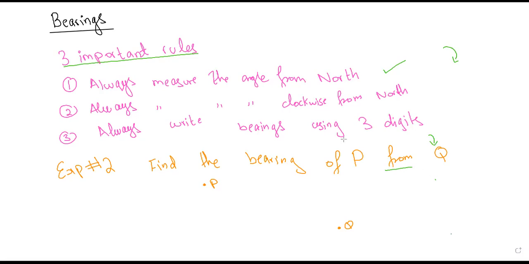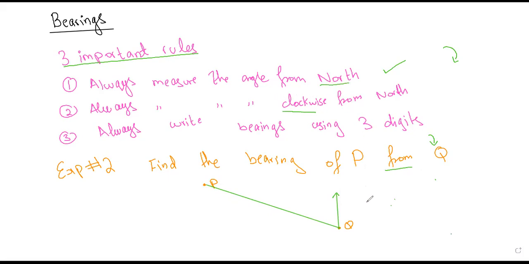Make a straight line on that point, and this straight line is basically indicating north. Okay. Step 2, you need to find the bearing of P from Q. Connect P and Q using the straight line. I am going to connect P and Q. That is it. Okay. Now the angle should be in the clockwise direction and it should be starting from north.